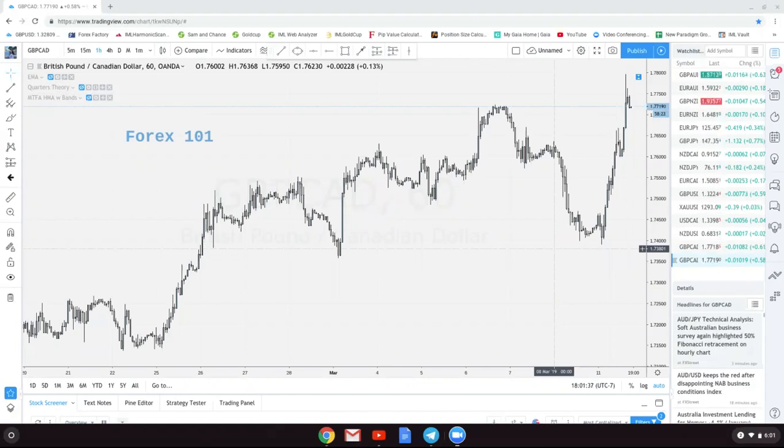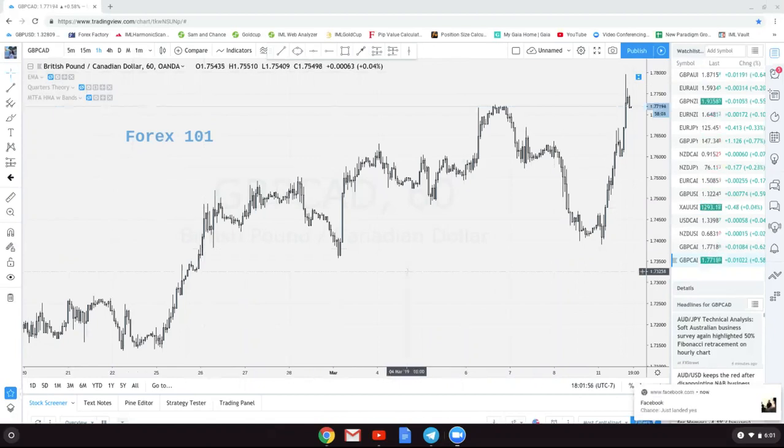All we are doing is looking at the value of each currency in comparison to another currency. So, for instance, we are always looking at a pair. In this case right here on my screen, we're currently looking at the British pound and Canadian dollar.